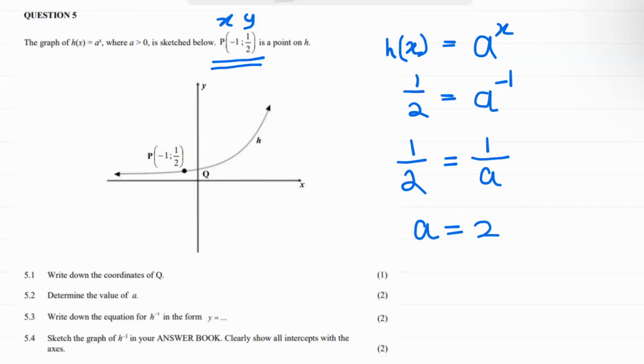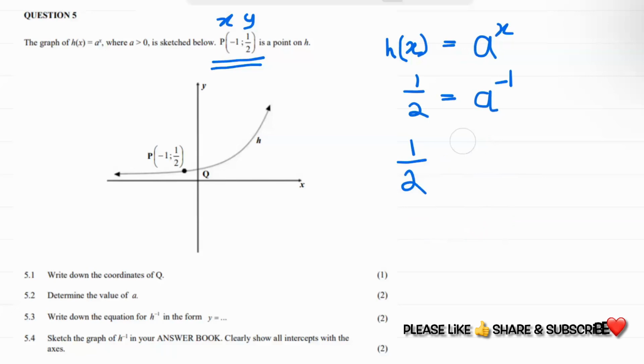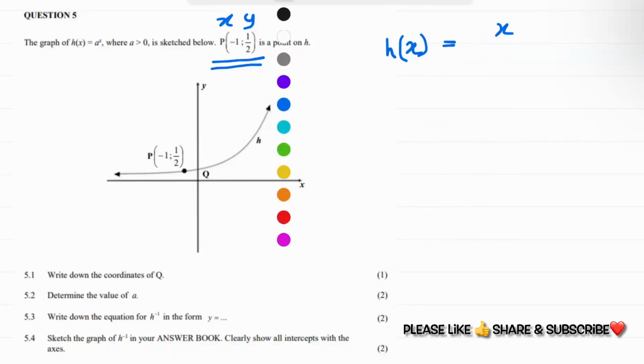You're basically just multiplying a with 1 and 2 with 1, and that gives you 1a equal to 2. Okay, so let me just fold that in. Instead of having the a there, I can now just substitute our actual value, which is 2. So we have 2 to the power of x.